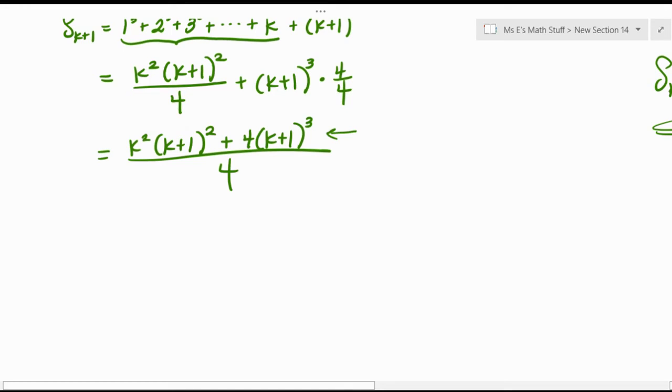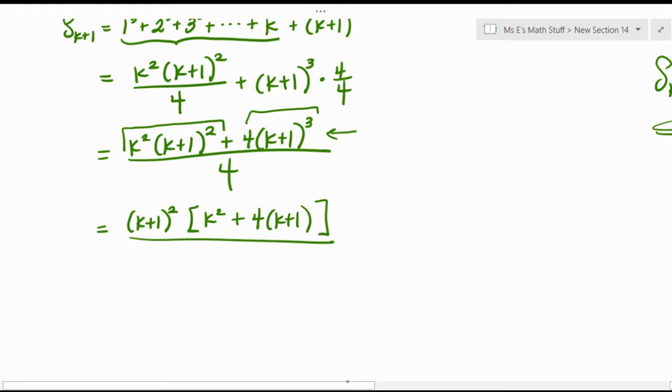Both terms have k plus 1 squared in them. And so instead of expanding it out, we're actually better off in this case just factoring k plus 1 squared out. And so k plus 1 squared would have to be multiplied by k squared to get this first piece back. And then it would have to be distributed into 4 and k plus 1 to get this second piece back. I hope that makes sense.